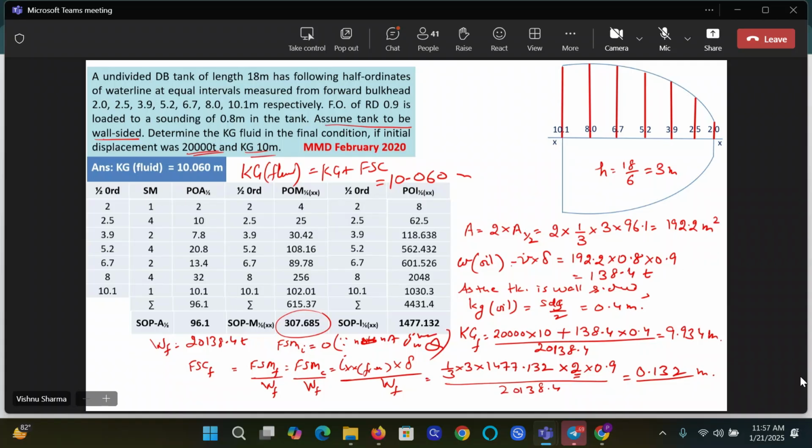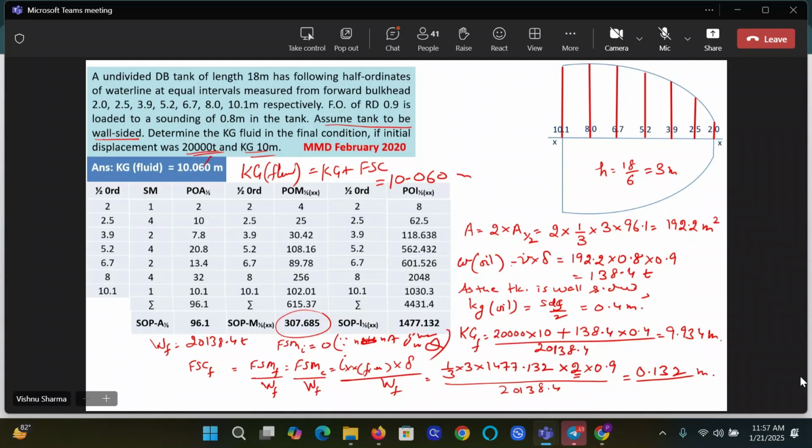No, this is not coming. Why is there a problem? Ajay, you have to add. So how much is it coming? 10.066. Okay, 066. Okay, make it correct. Maybe I missed out on writing that. Just check that there are no miss outs.